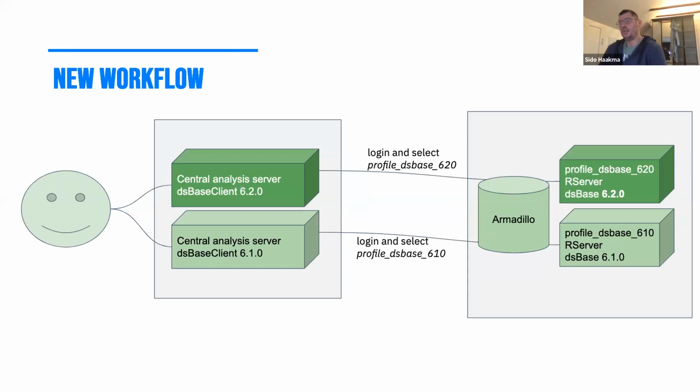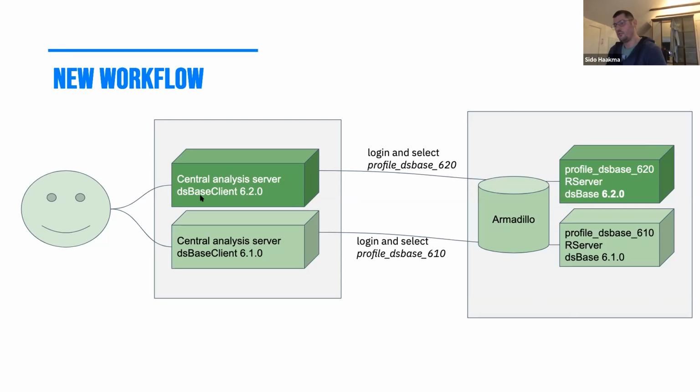So you have multiple profiles within your central analysis environment. You can use several clients to spin up a client environment of your own. And then in the backend, in the cohorts, you also have the ability to use the profiles.